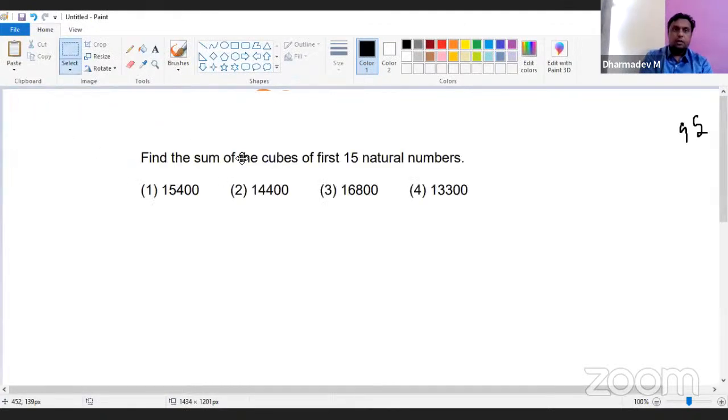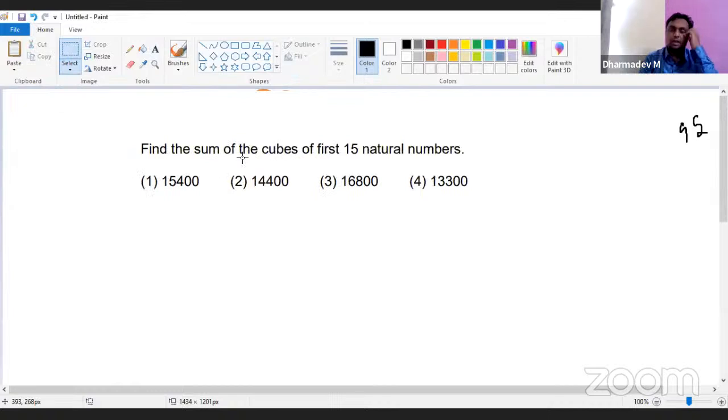Find the sum of the cubes of the first 50 natural numbers. I hope I made you write the first 10, if I'm not wrong. So 1, 8, 27, 64, 125, 216, 343, 512, 729, 1000, and 1331 goes on.